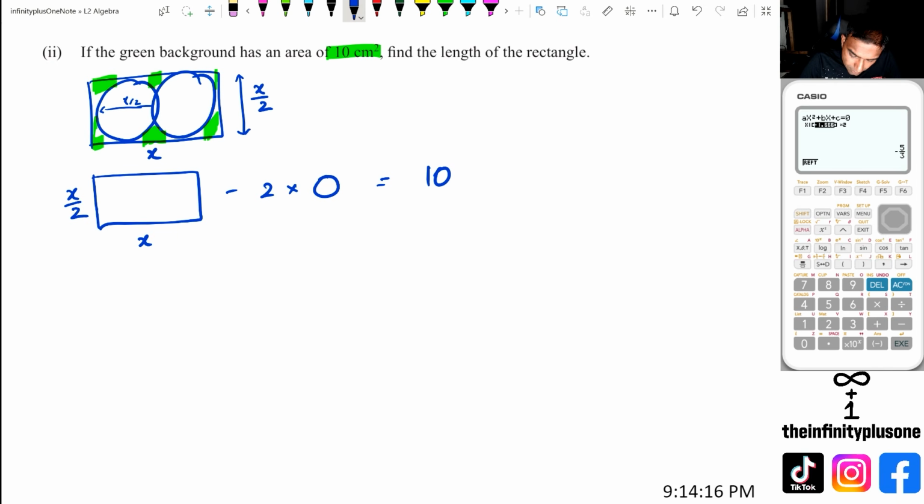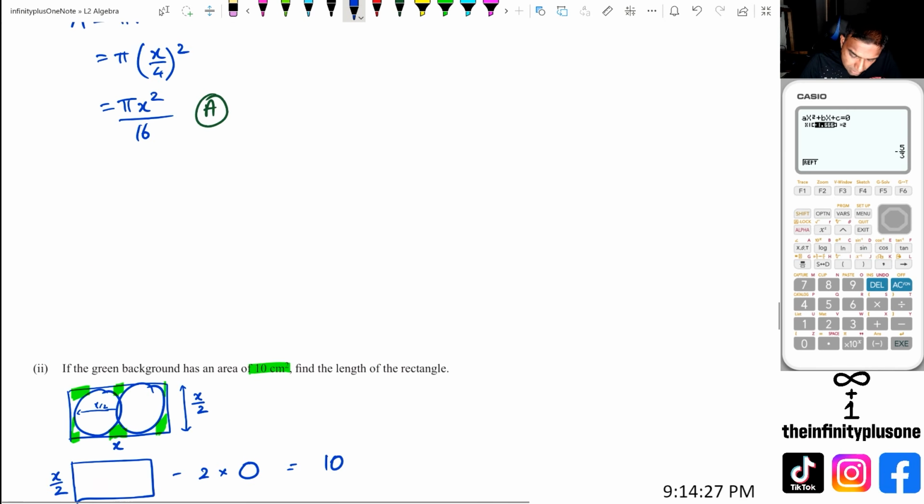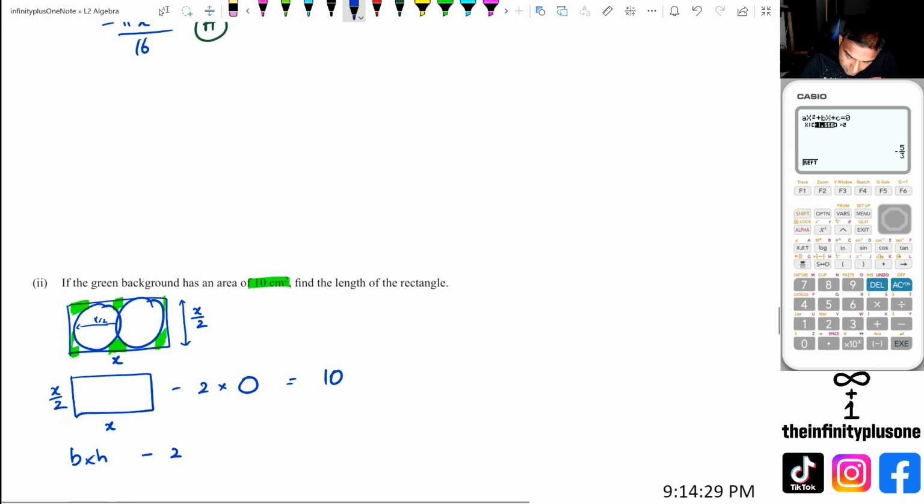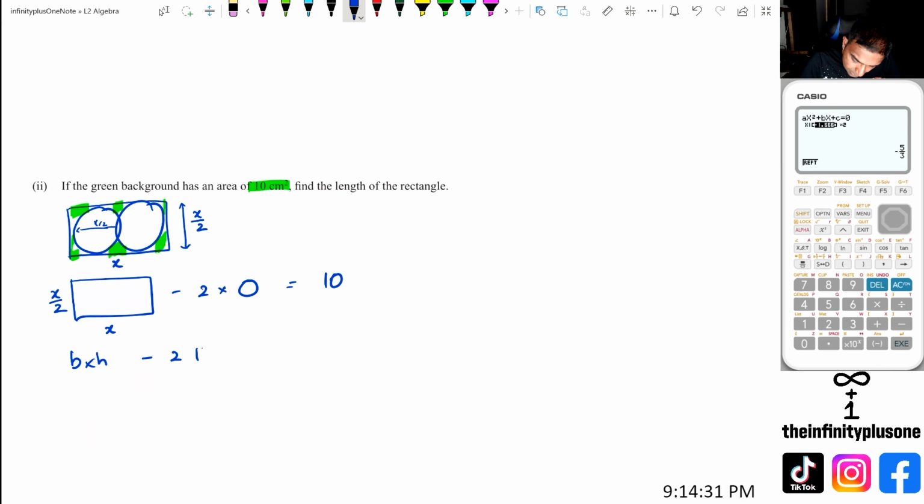So we've got the area of a rectangle, which is base times height, minus 2 times the area of a circle. Now in the previous one, we worked out the area of a circle, which was pi x squared over 16. So I'm going to put that here, pi x squared over 16. All of this is equal to 10.